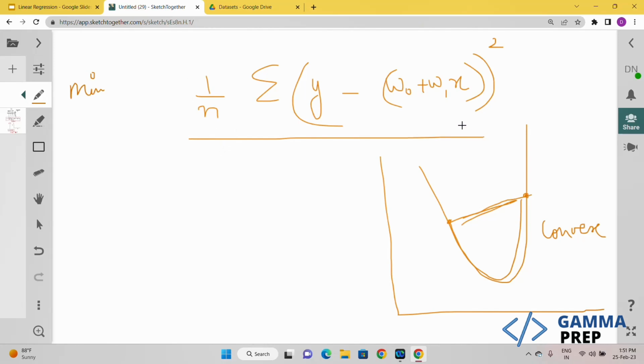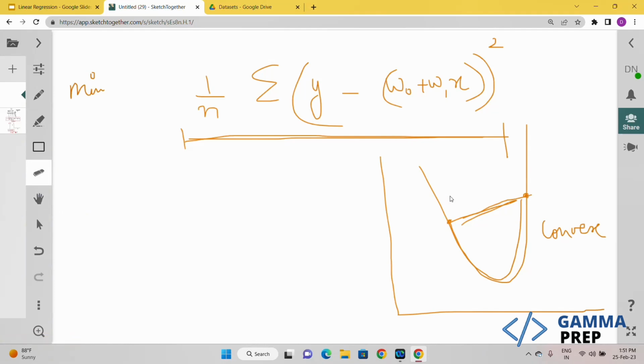That is, I can solve this to find the global minima, the minimum of the minimums. I can figure out at what W0 and W1 values I am going to get the minimum cost function, or the minimum error function. Only when the function is convex will it have a global minima, and it is solvable to find the point of minimum. Okay.